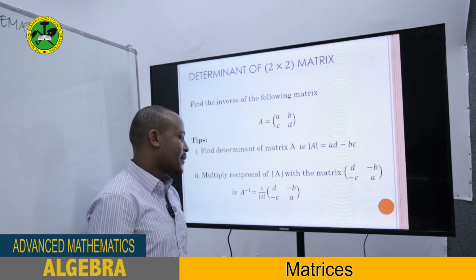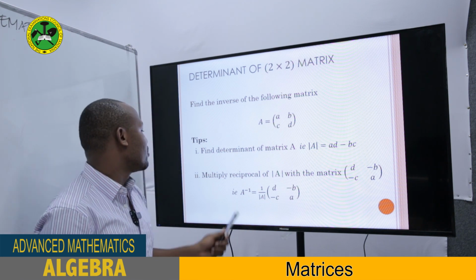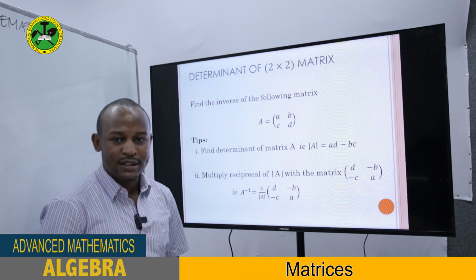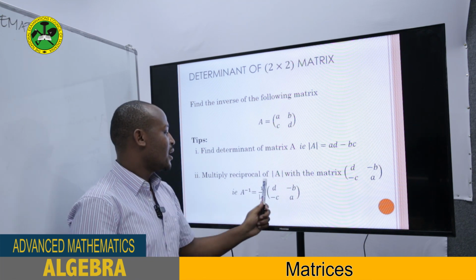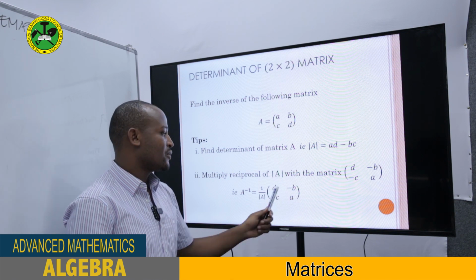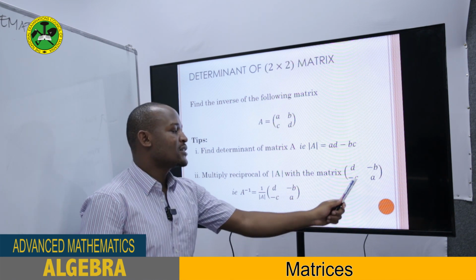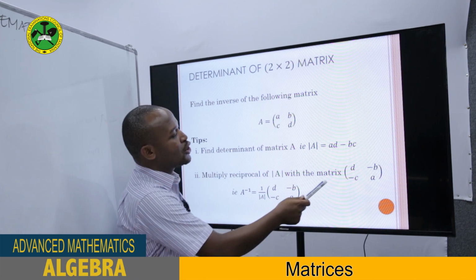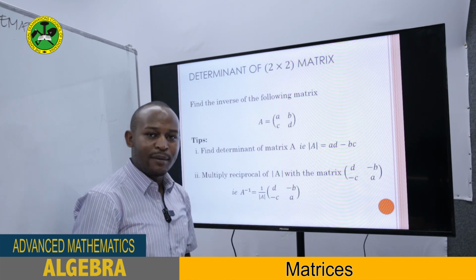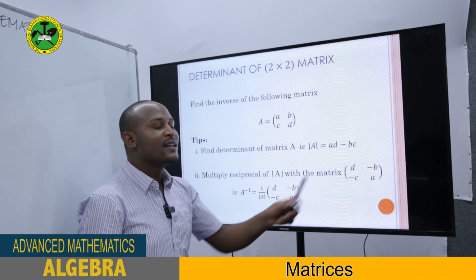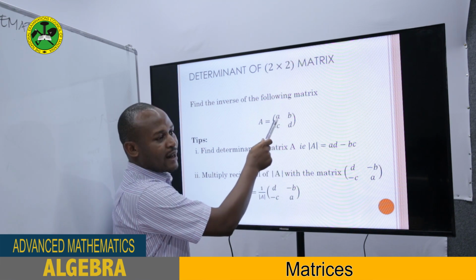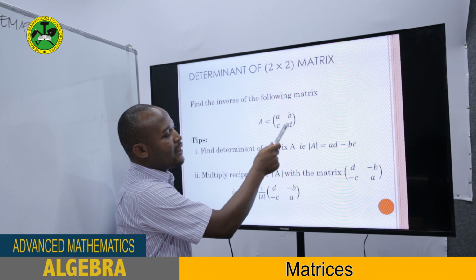And then to have the inverse, you must multiply by the reciprocal of the determinant. The determinant you obtain there, you have to reciprocate it, and multiply it with a matrix of the following nature: you first exchange the positions of the elements in the leading diagonal. Where a was, d comes there, and where d is, a goes there.